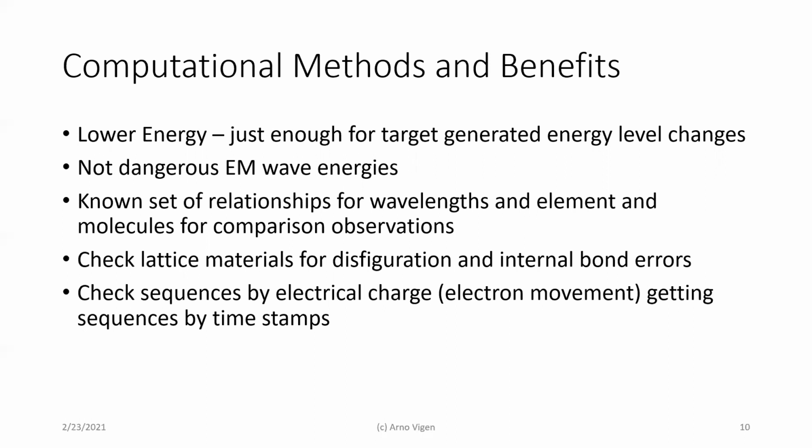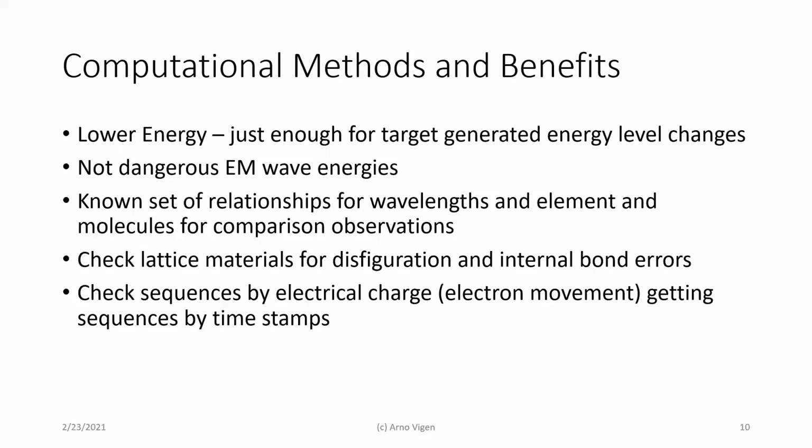Now, these computational methods are easy. They take lower energy. All I have to do is to understand existing photons, which we see coming off of particles. And we see photons not just from external layers, but also from internal layers. These are not the dangerous EM wave energies. They're from a known set of relationships for wavelengths and elements, and for molecules.